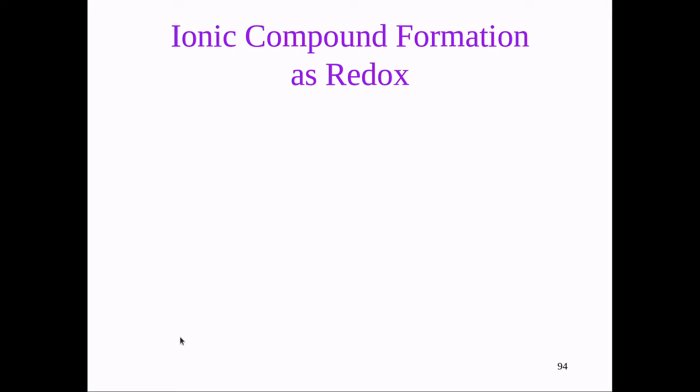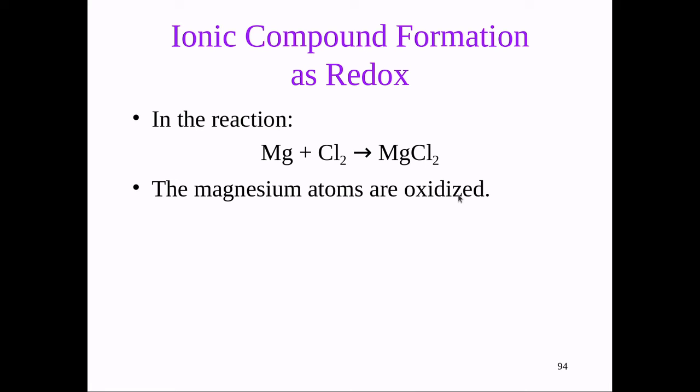So let's take a look at a redox reaction example. We've known for a while now that when we add magnesium metal to chlorine gas, we're going to form magnesium chloride. We knew what this formula was going to be based on the charges that these two species want to have. But we never really considered what was happening. The magnesium metal in this case has become this cation, and it's given up 2 electrons.